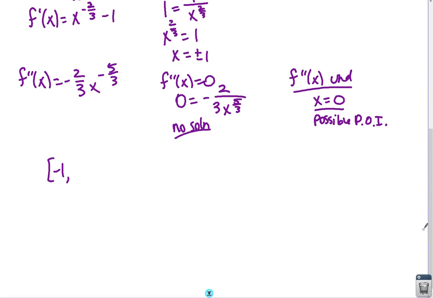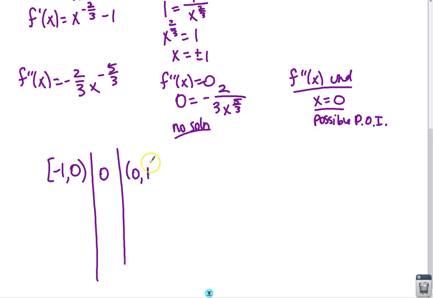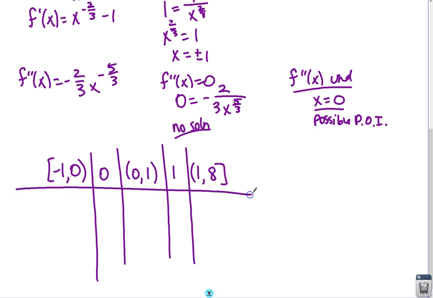From negative 1 to 0, talk about what's happening at 0. Go from 0 to 1, talk about 1, and then 1 to 8. And we're going to stop at 8. So we've got f prime, f double prime.